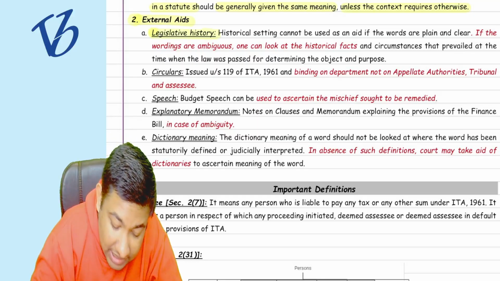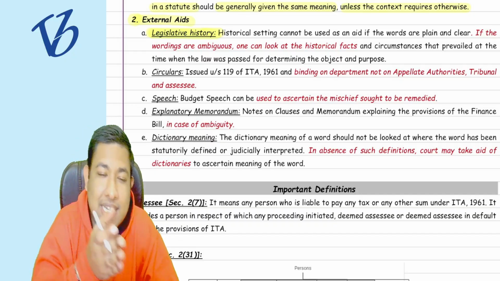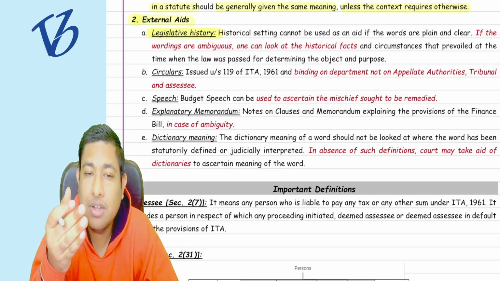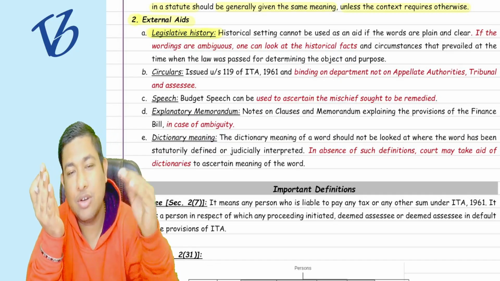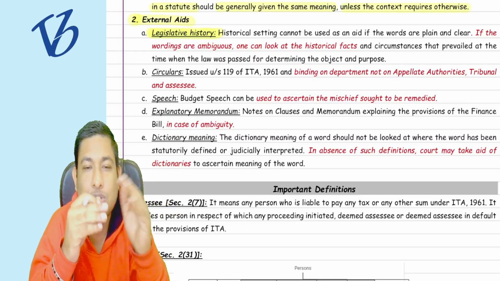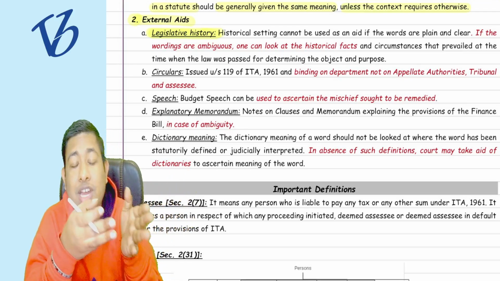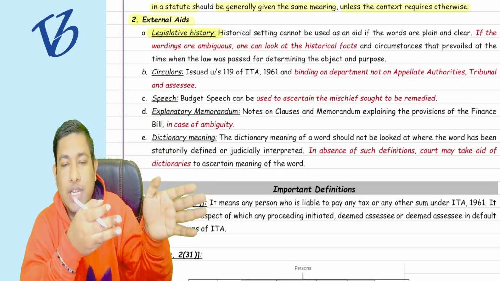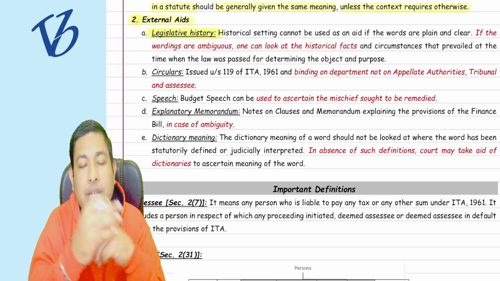First is legislative history. So what is legislative history? How the courts have reached a conclusion? What the earlier courts, earlier judges or earlier judgments have said on this particular provision. If we are taking the help of previous judgments, then it is legislative history.